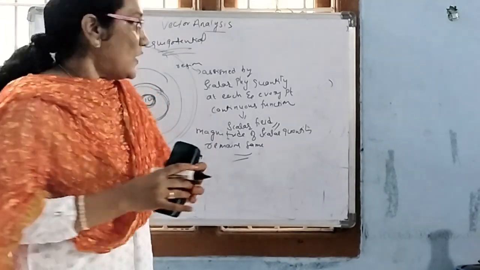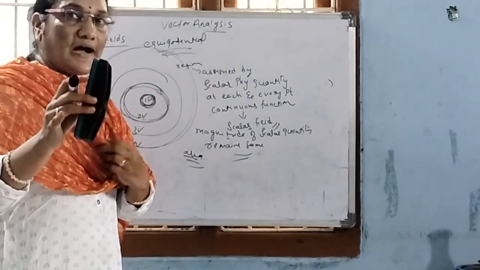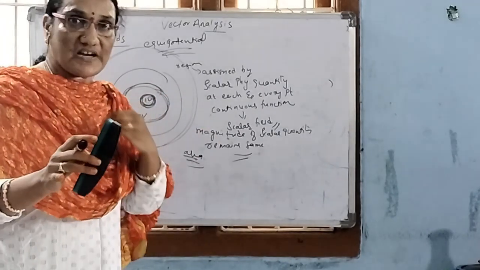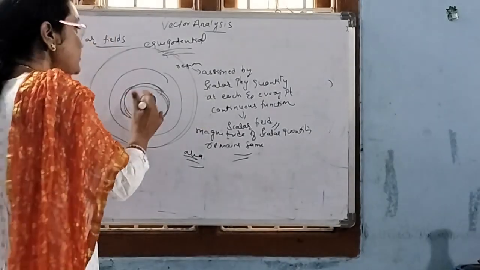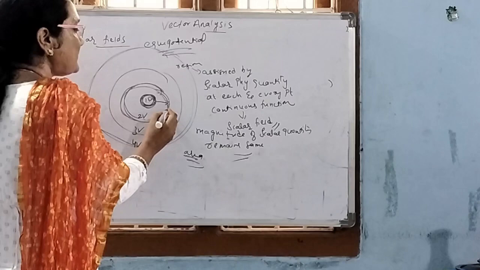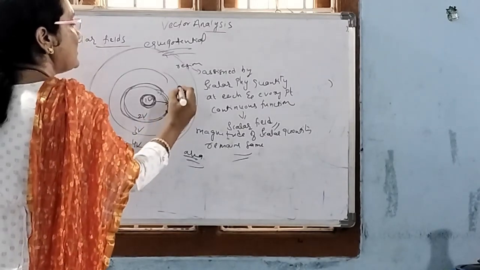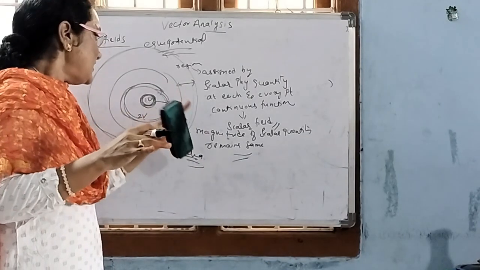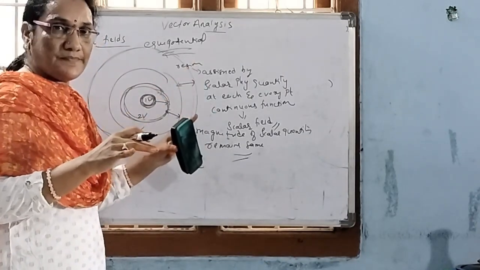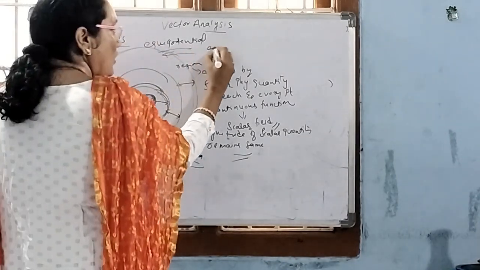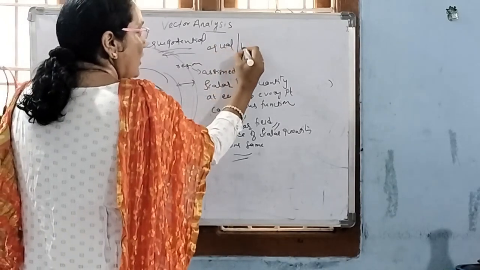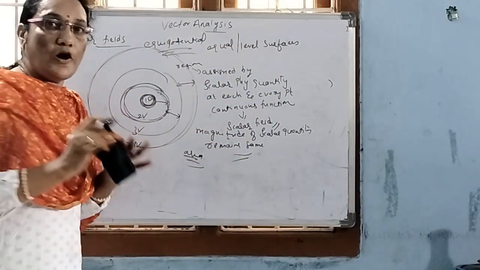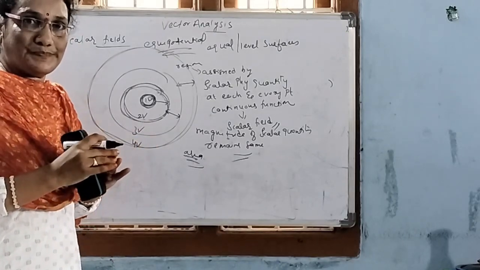Right? Now next, we can choose these surfaces as per our convenience. We can maintain a constant difference between surface and surface, so we call them equal or level surfaces also.